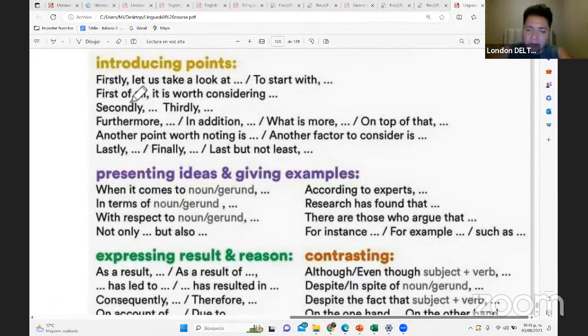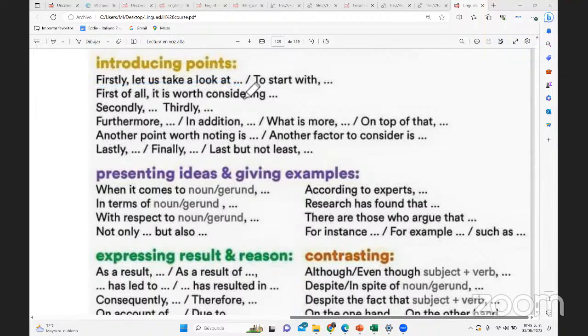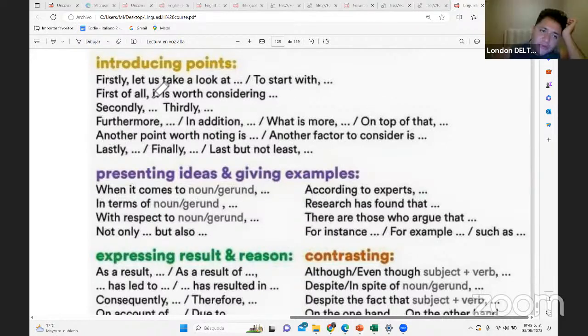Puede ser hablar de tu rutina o un ensayo o lo que sea. Okay, so Johnny, can you please read the first? Or Manu, please. Let's read this. Okay, so firstly, let us take a look at. Very well. So what do you think is the meaning of this expression? Let us take a look at.